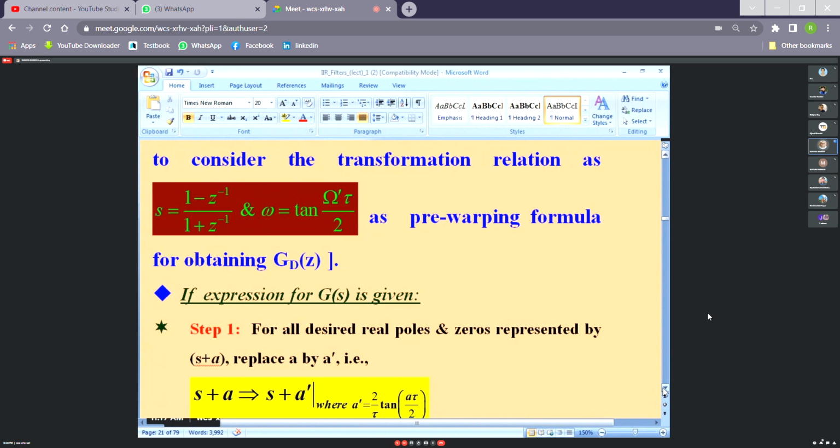If you straightway apply the bilinear transformation on this G(s), what will happen? The effect of frequency warping will be there. Therefore, you have to apply frequency pre-warping. But how to do that? Remember that the transfer function G(s), if you want to obtain the equivalent digital filter, what will be the equivalent digital filter critical frequencies?